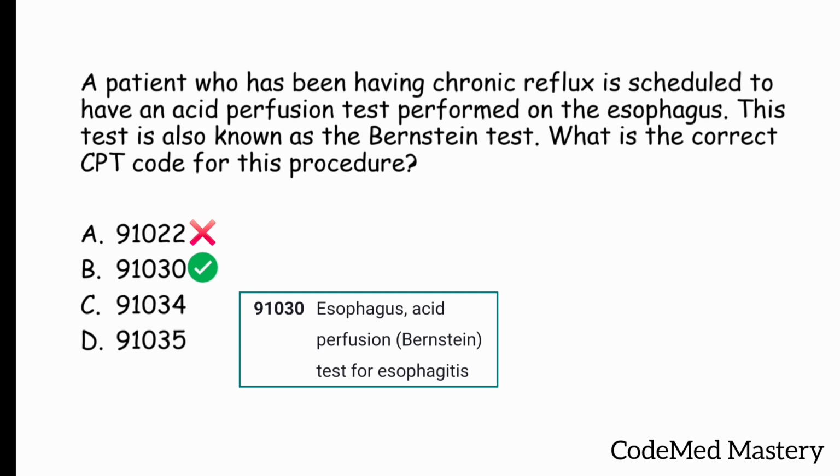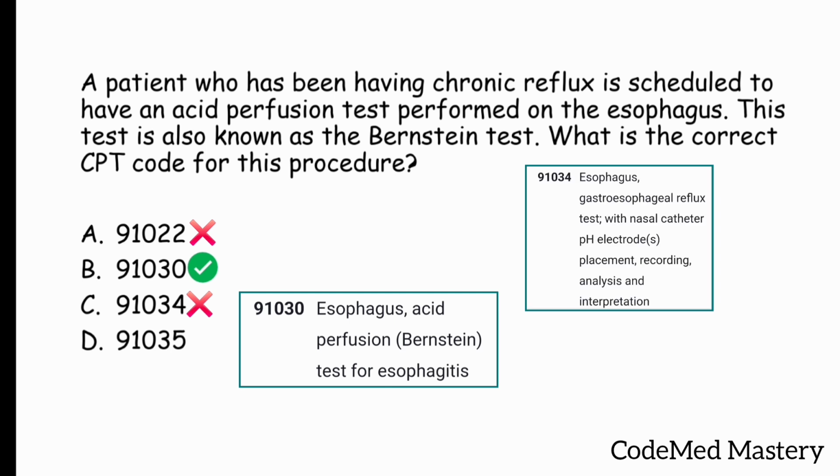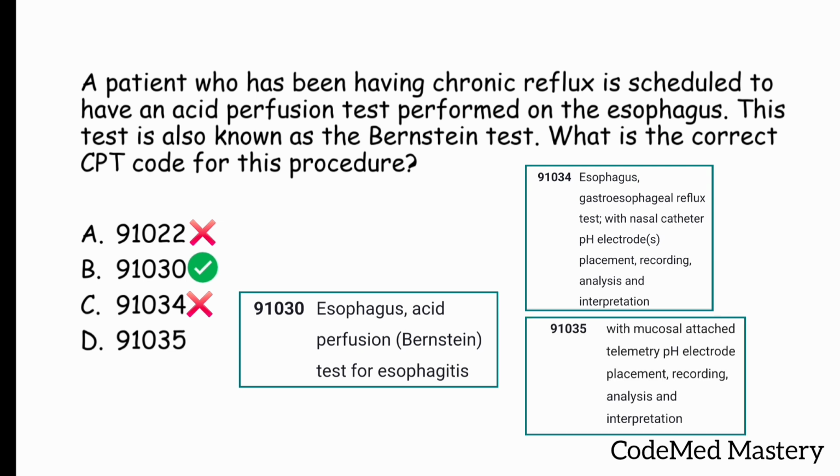Option C 91034 will be wrong because that is for esophagus gastroesophageal reflux test with nasal catheter pH electrode placement. That is not mentioned in the question, and option D will be wrong because that is for esophagus gastroesophageal reflux test with mucosal attached telemetry pH electrode. So that is also not matching with the question. The right answer is option B.